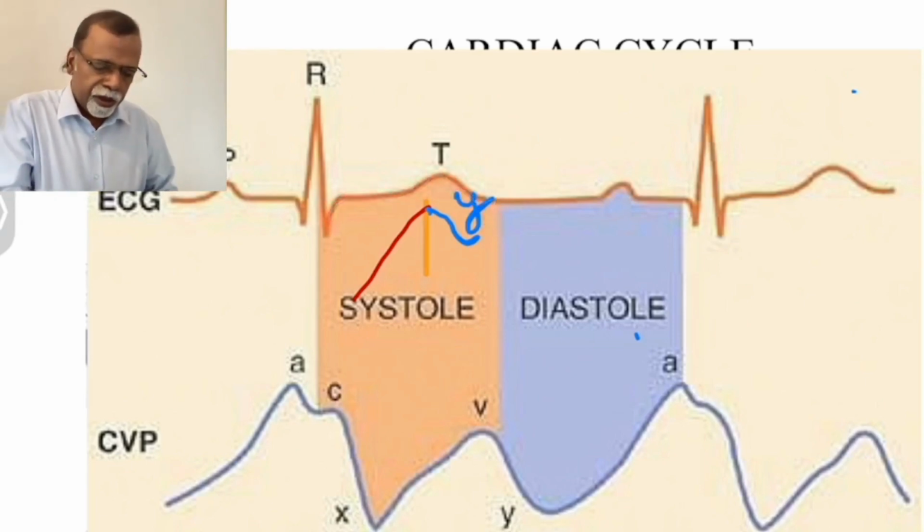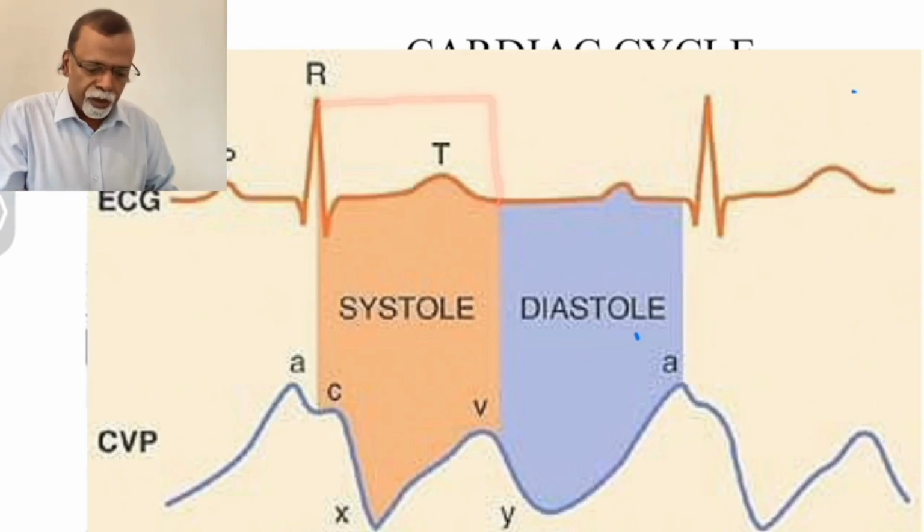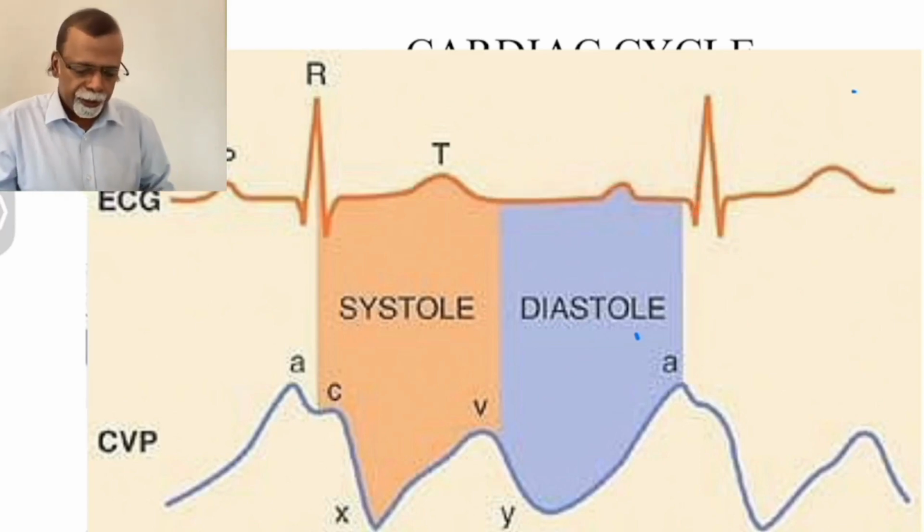So if you draw the ECG, these are the ECG findings. From the top of the R wave to the end of the T wave, this becomes systole, and the diastole is from this point to the beginning of the P wave. So this is how you correlate with the ECG.